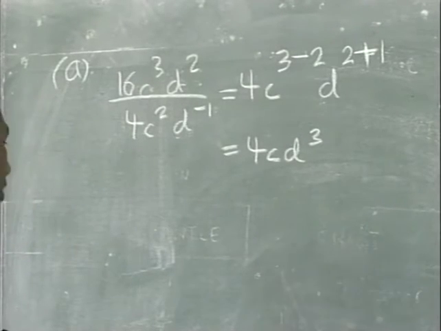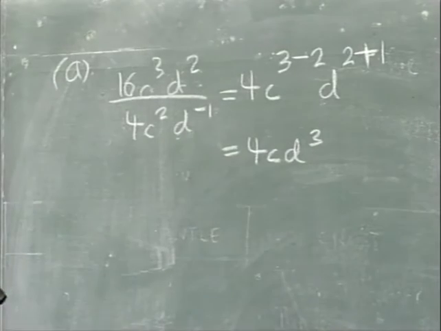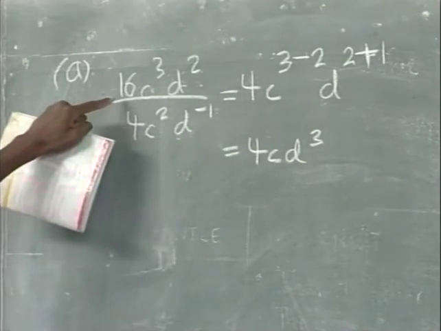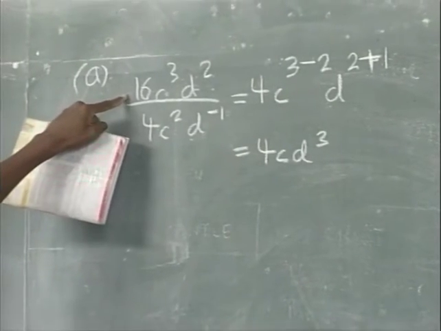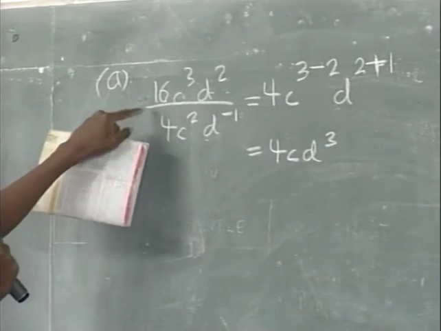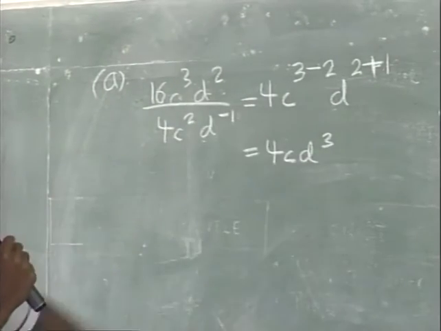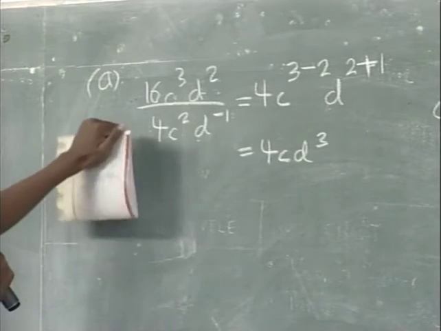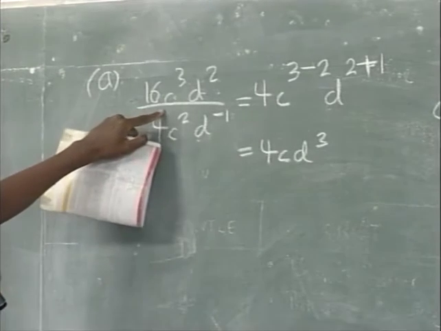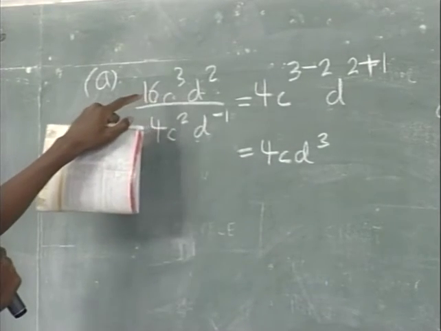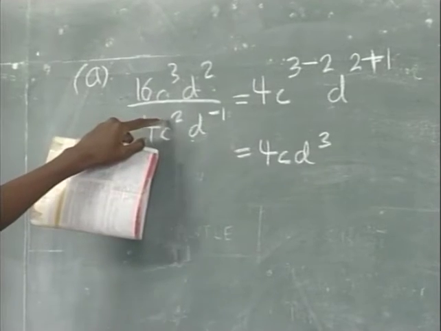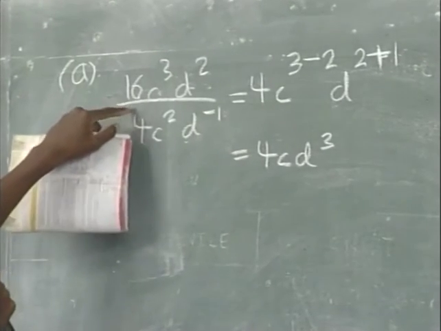Yeah, he's going to explain. First, we divide the numerator from the denominator. 16 divided by 4 is 4. Then you get the pronumerals, and you subtract the indices because this is a division sign.